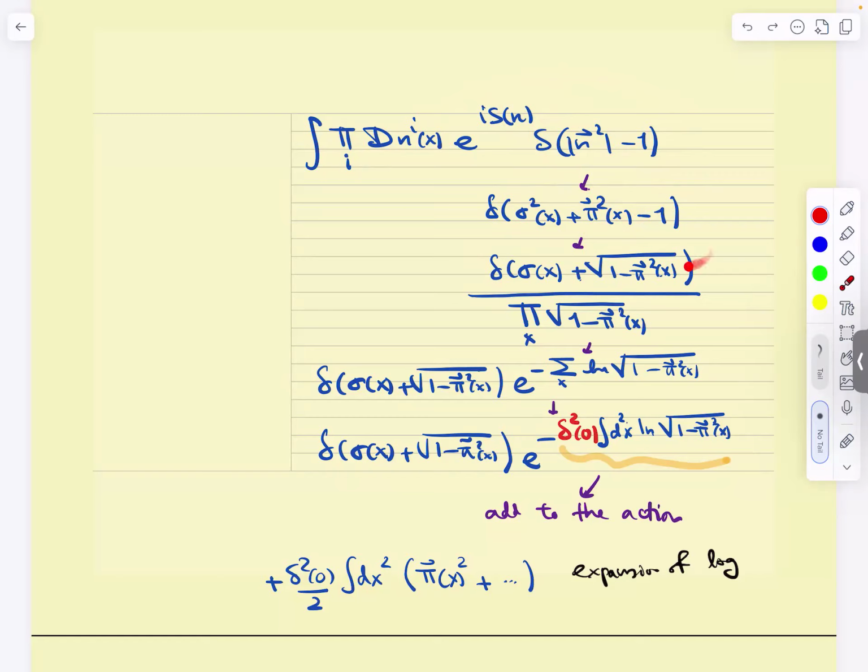Now, this you deal with the standard way, but this square, this guy in the denominator, exponentiated, becomes e to minus sum over x ln of 1 over square root of 1 minus pi squared. In the action, the coefficient for this is delta squared of 0. It's this divergence.